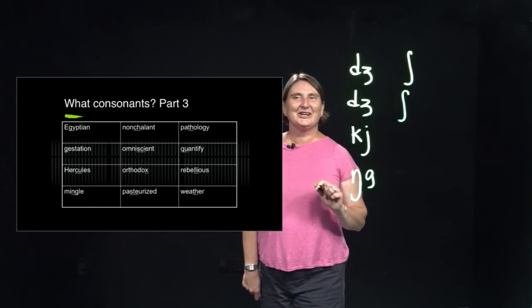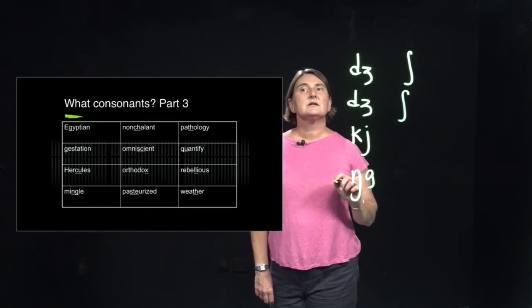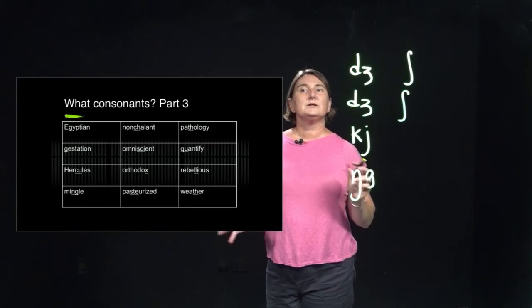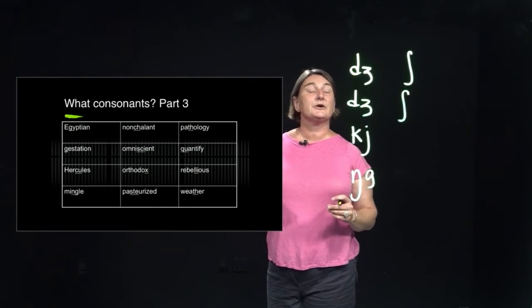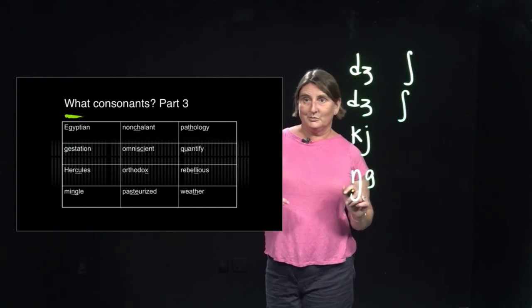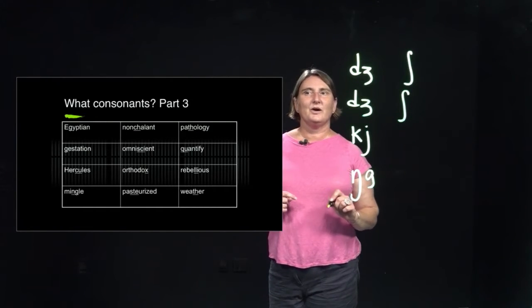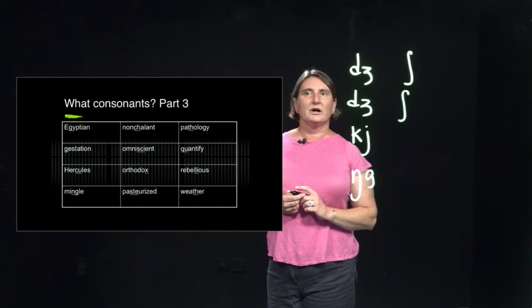Orthodox. Now this is a tricky one. Often we've been finding that multiple letters in the spelling might be represented by just one symbol. This goes the other way. So in orthodox, what's that X doing for us?